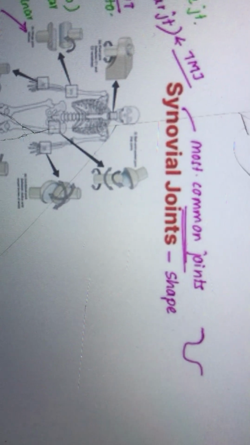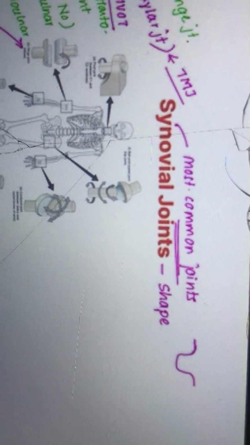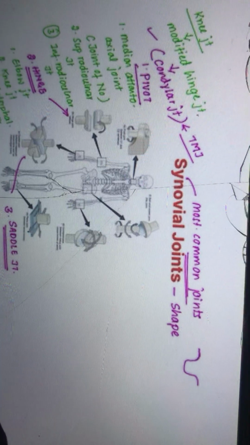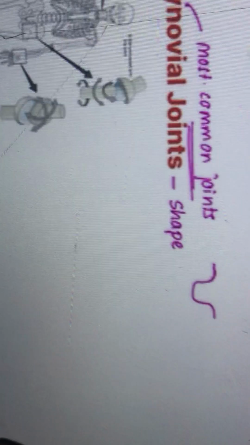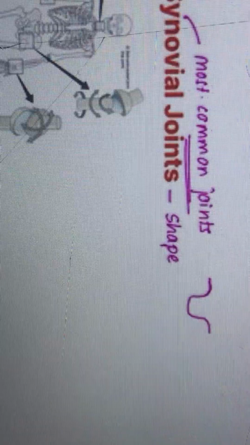A saddle is something that you put on a horse back before you sit. So why saddle joint is called so? Because these joints have a concave and a convex surface on a single articular surface. So a single articular surface will have both concave as well as convex surfaces. Right? So such joints are called as saddle joints.